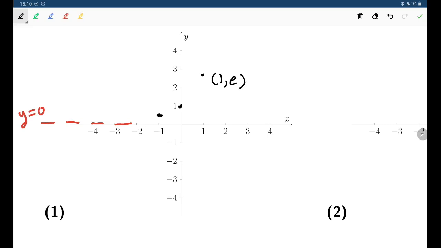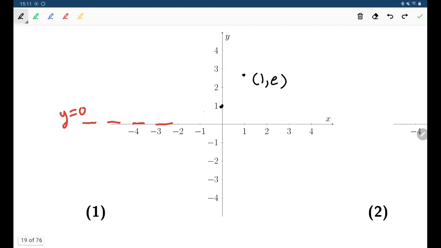And 1 over e is about 0.37-ish. So again, just somewhere around a half. And then I know the basic shape is it's going to be exponential growth curving upwards, and on the left side, tapering off to that horizontal asymptote.